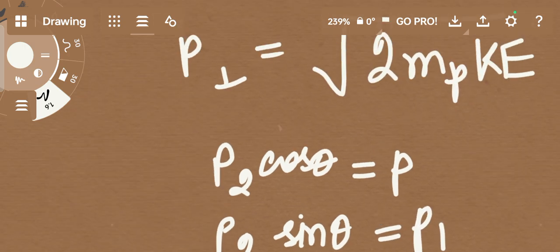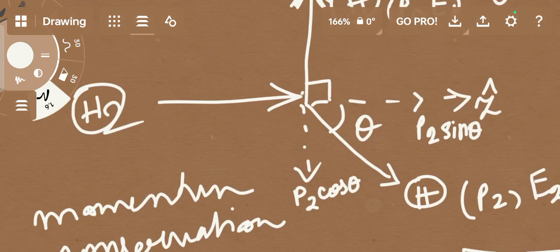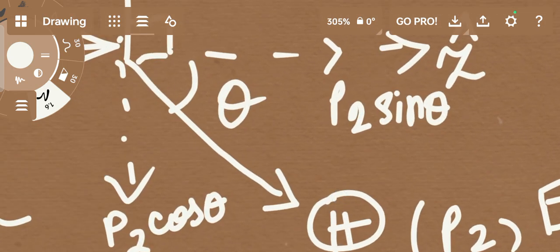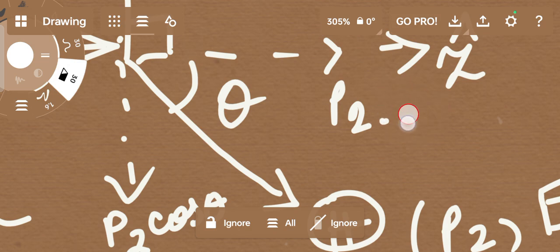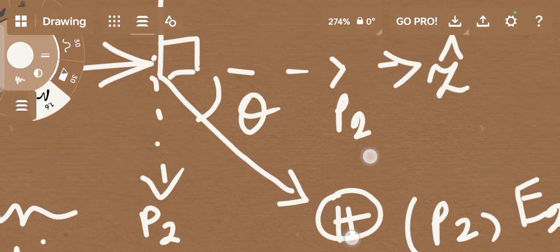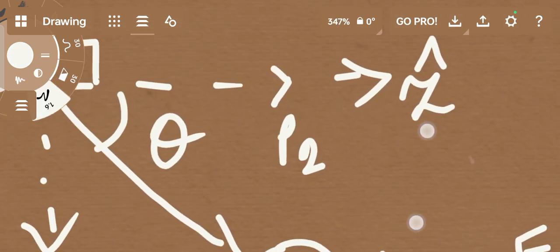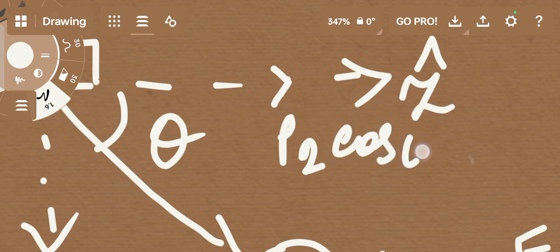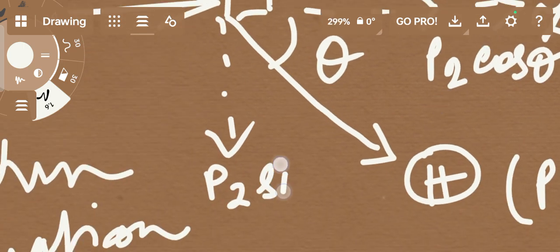Now what is p? One thing that I did by mistake here, I placed the theta on this side. You can take theta on whichever side you want. The way we do it, this should be p2 cos theta, this should be p2 sin theta.